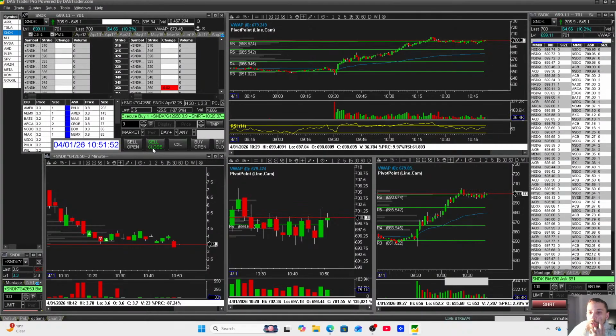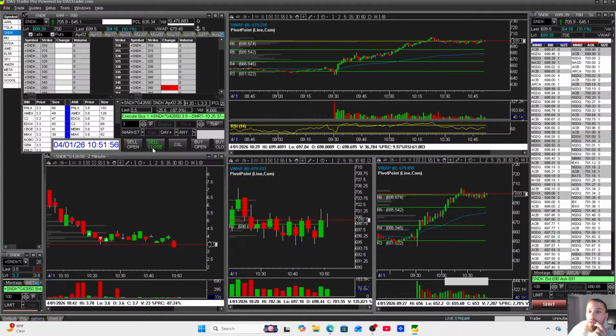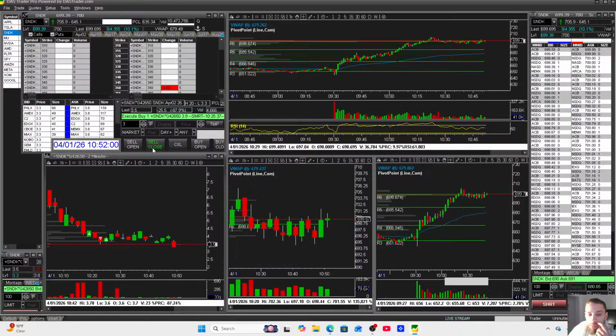Buying cues look rather bullish. The odds aren't in my favor anymore. They were, but now they're not. I was hoping for a bigger pullback.